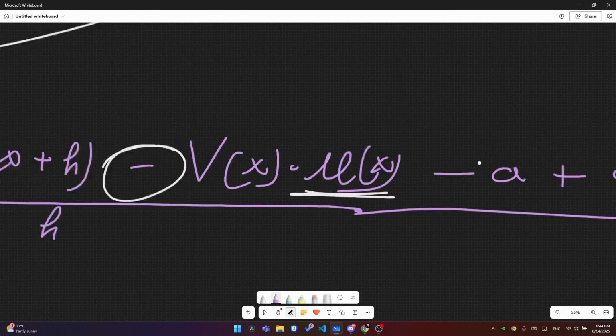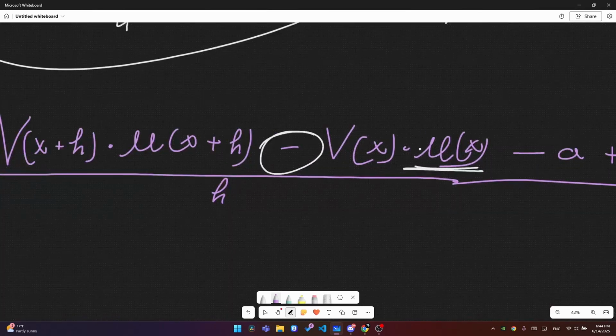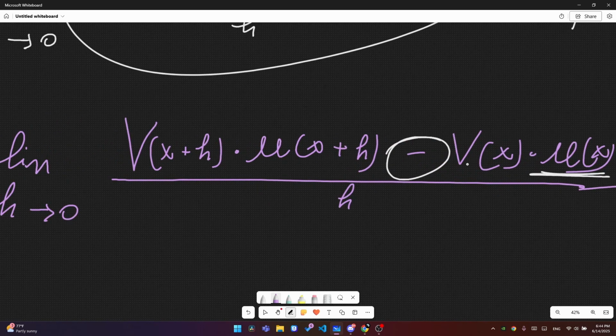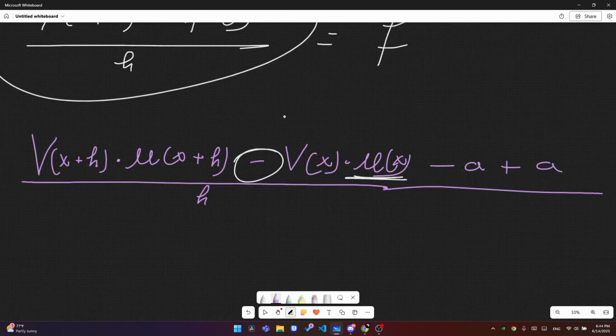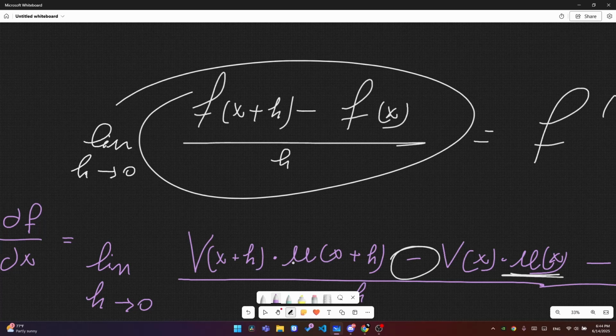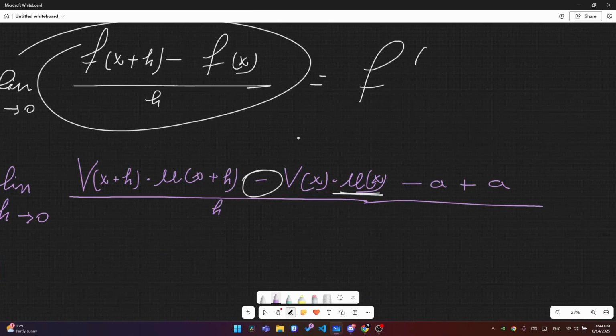Now, what are these values exactly? Again, we want to factor out u of x, or we want to factor out v of x, it does not matter, so that we can get one of these functions into this derivative expression right here.